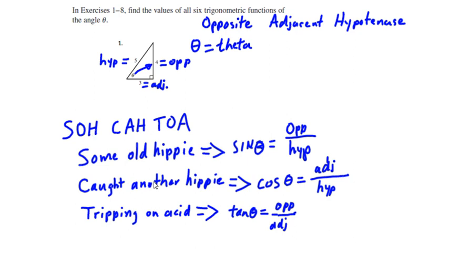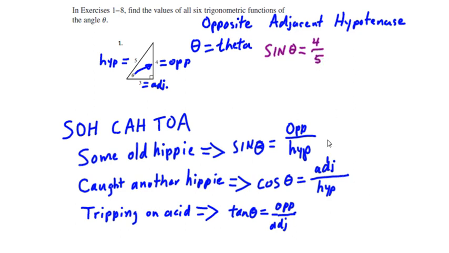It's just maybe, I don't know, just what I prefer. So the first thing we're going to look at for the 6 trigonometric functions or ratios is sine. So sine theta is going to be equal to our opposite over hypotenuse, and our opposite side is going to be 4 over hypotenuse, which is 5.